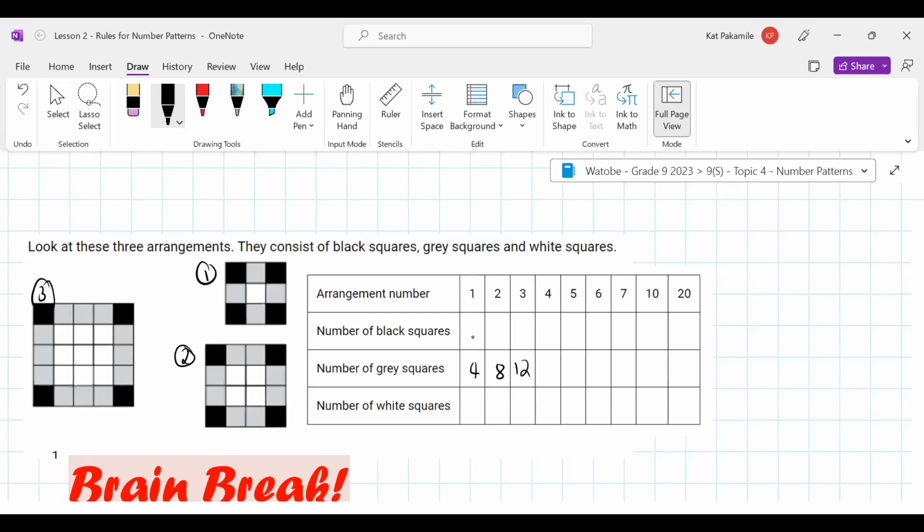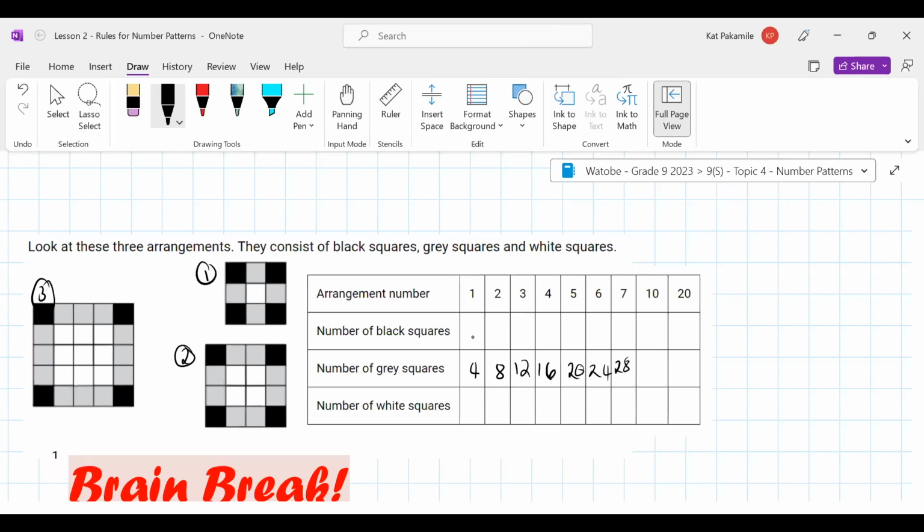So for the fourth one, how many will we have? 16. 16, and then? We will have 20. 20. And then we will have 24. 24. 28. 28, and now we are at 10.